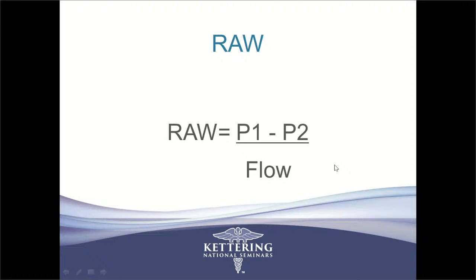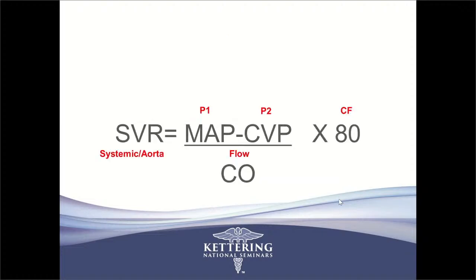And that's the way you need to think about systemic vascular resistance. The same way. It's just a beginning pressure and an ending pressure divided by flow. I'll show you what I'm talking about. So here's SVR, vascular resistance. It is a beginning pressure minus an ending pressure, times a factor, divided by flow. Think about this for just a minute. In the systemic circulation, the beginning pressure is in the aorta, right?